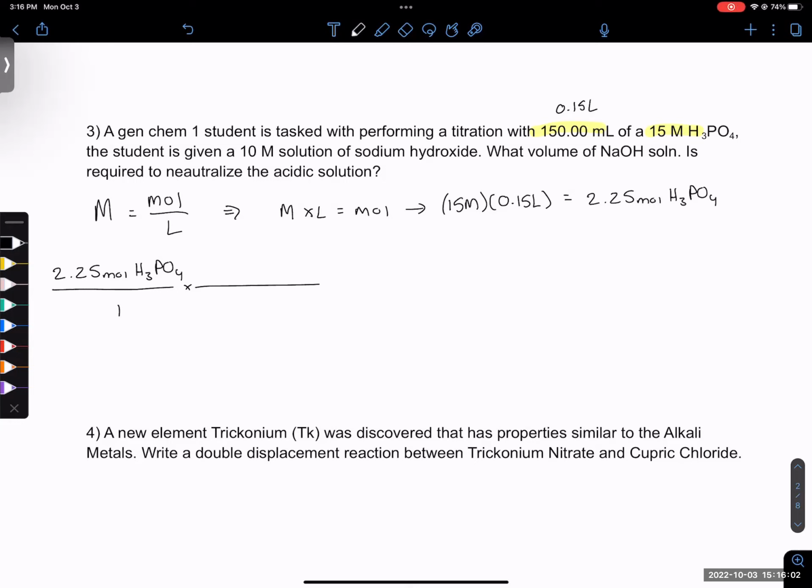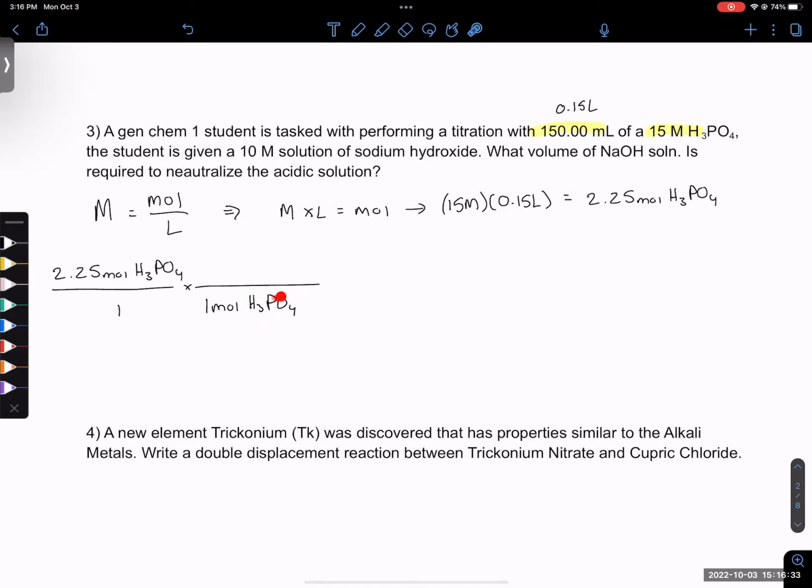Okay, so for every 1 mole of phosphoric acid, how many hydrogen protons are there, if this acid donates all of its protons? 3, right?